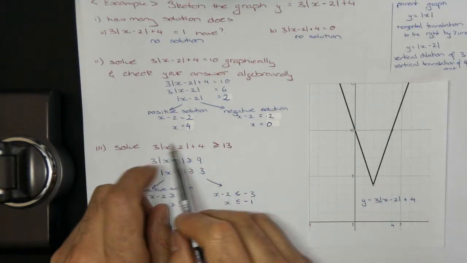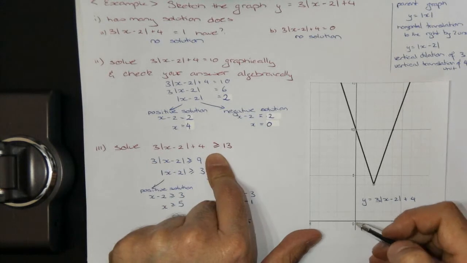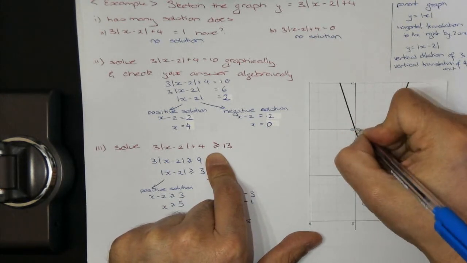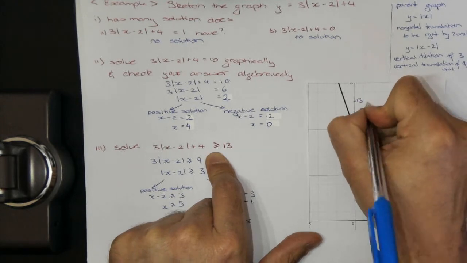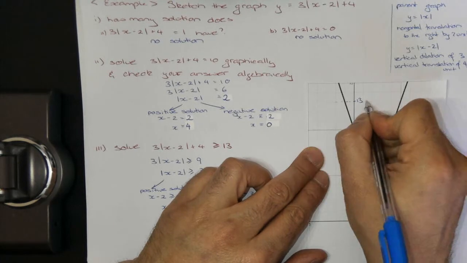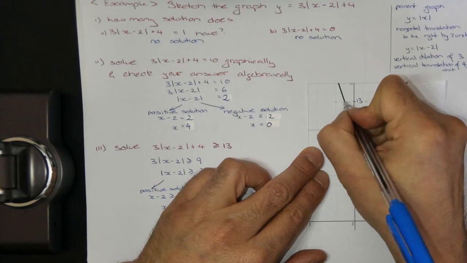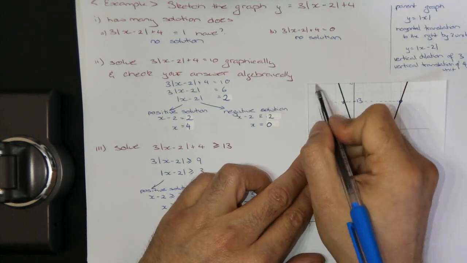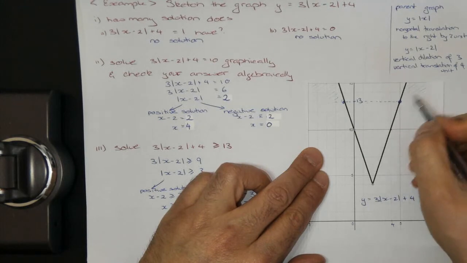When is this function greater than 13? So that's 13 here: 10, 11, 12, 13. I'm looking at this point and this point, and this area here is above the graph, and this area here is above the graph.